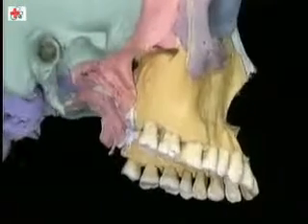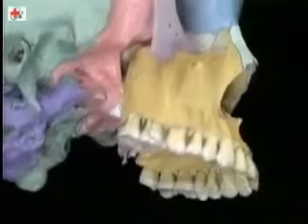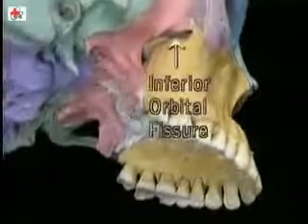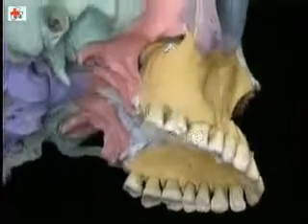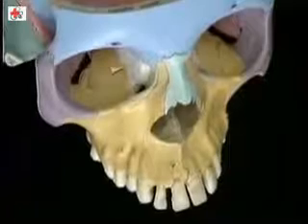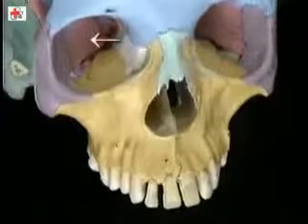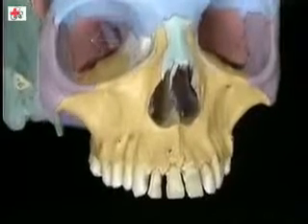The vertical part of the cleft is called the pterygomaxillary fissure. The horizontal part of the cleft is called the inferior orbital fissure. The inferior orbital fissure, here it is from in front, separates the floor of the orbit, formed by the maxilla, from the lateral wall that's formed by the sphenoid.